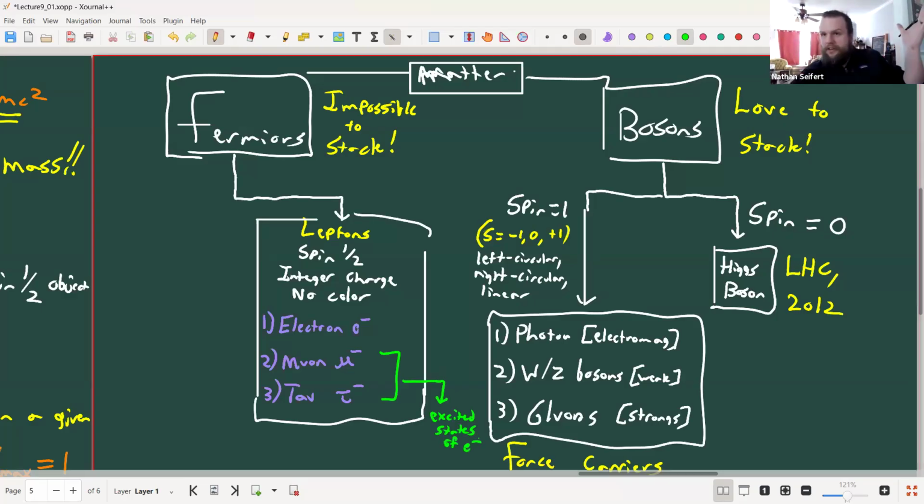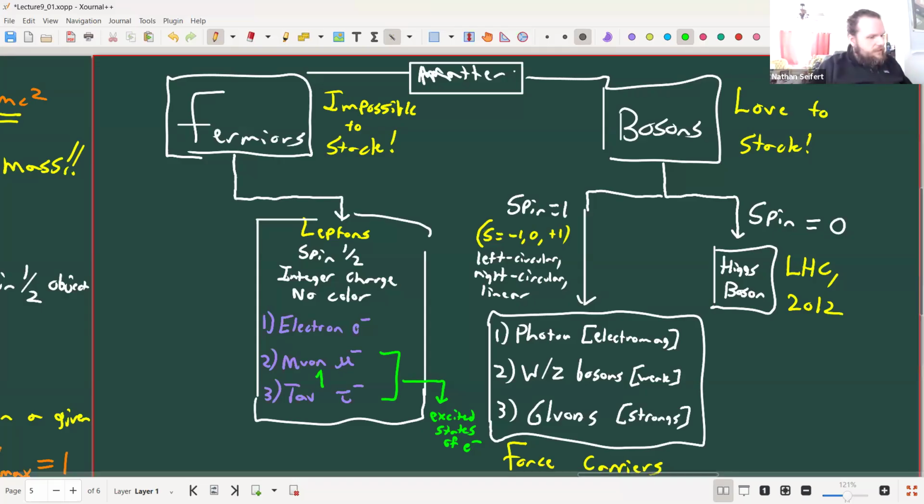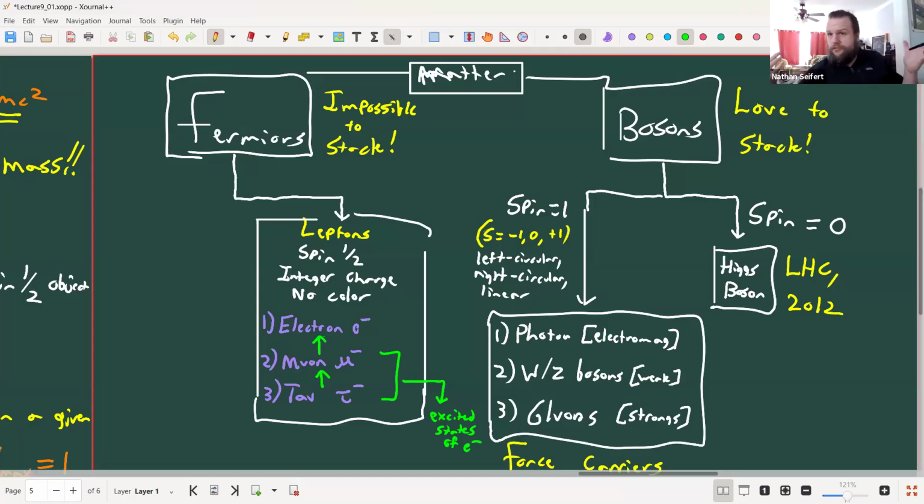And remember, when you excite something that's moving near the speed of light, you're creating more mass, E equals mc squared. So these are excited states of electrons, and of course they decay into each other. Tau decays into muons, and muons decay into electrons, and electrons are the fundamental particle. They don't break down anymore. So you can think of them as just excited states.